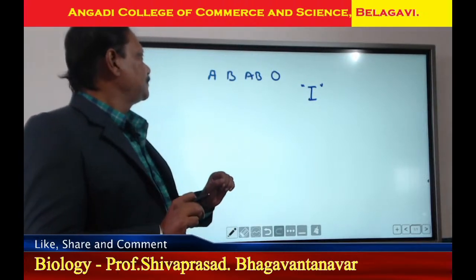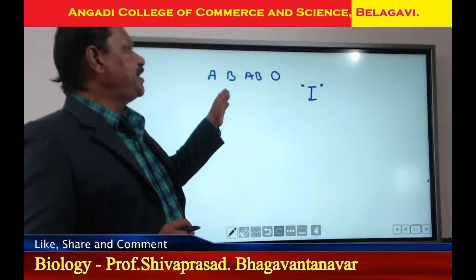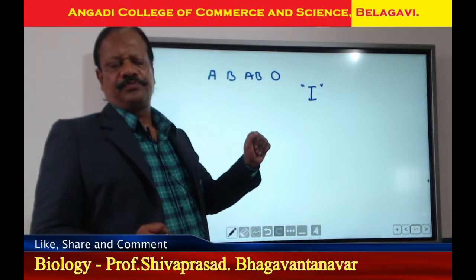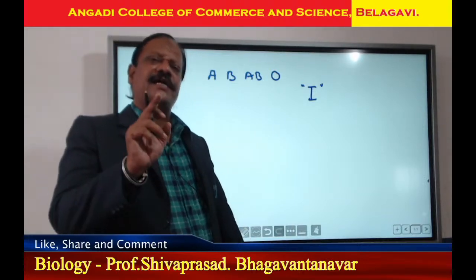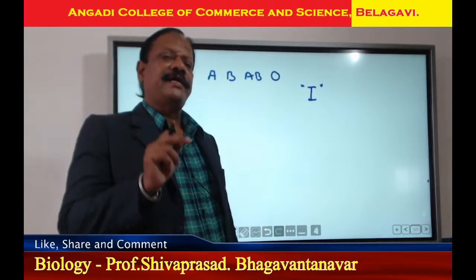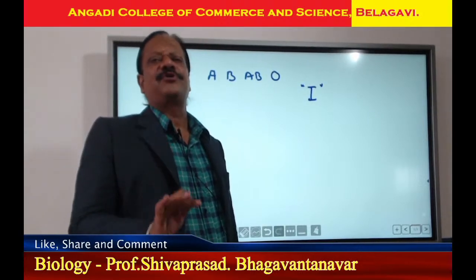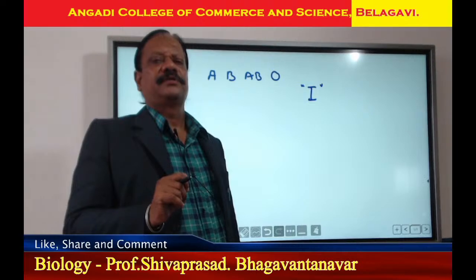And here, A, B, AB and O. Here capital I is representing a gene. But in case of O, it is not producing any kind of sugar.